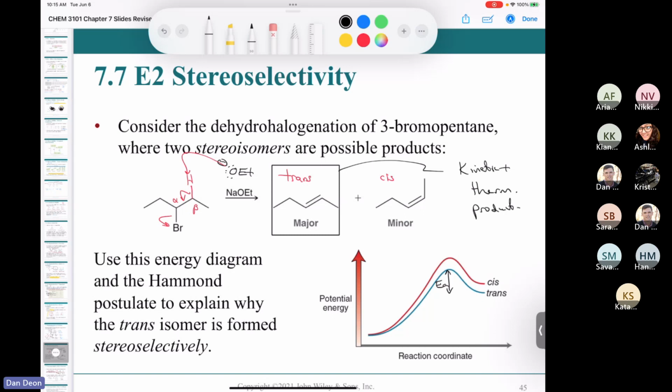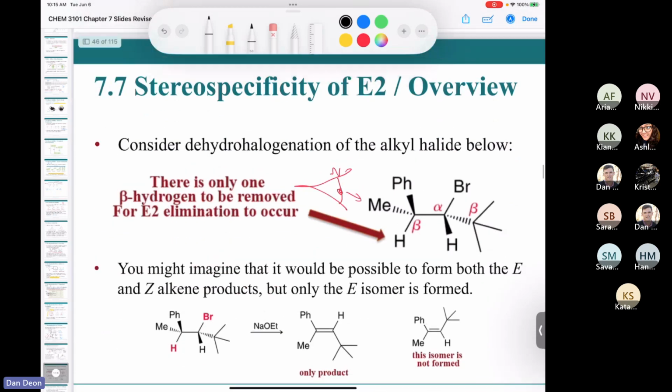So let's move on to stereospecificity. Before we get into this, let's think about the word specific. Before we said selectivity, it means choose more of one than another. So you're still going to choose both.